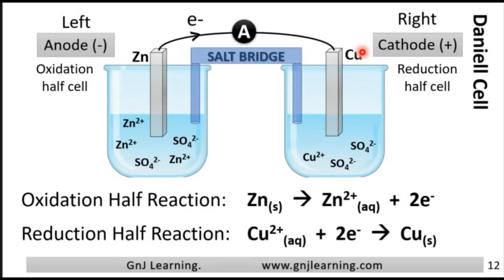Like that, whatever the energy, it will always flow from higher to lower energy. Since the potential is high for the cathode, current, which is a form of energy, will flow from the higher potential cathode to the lower potential anode.